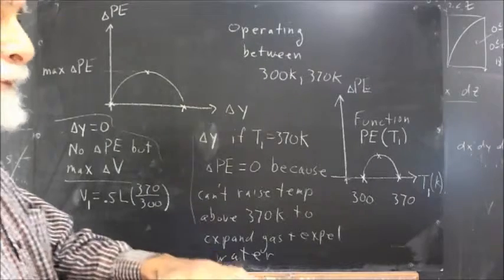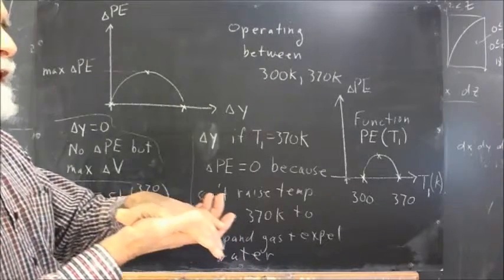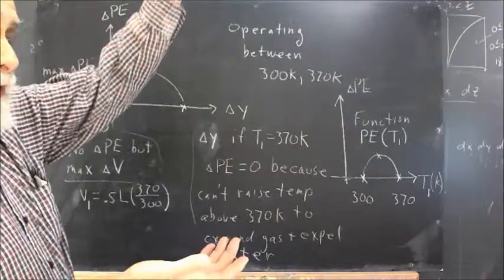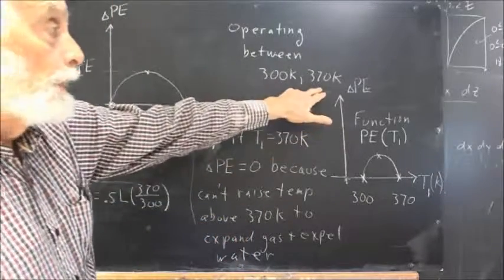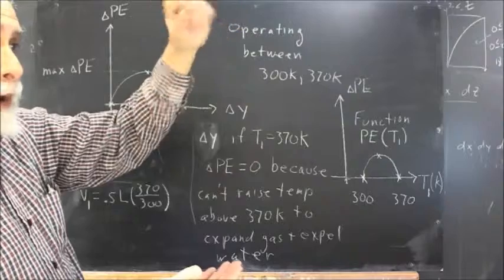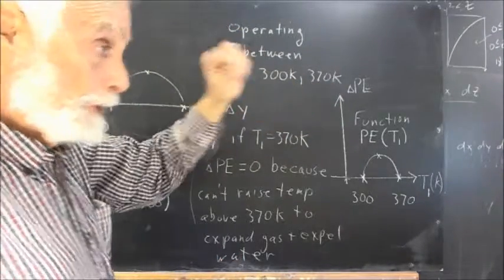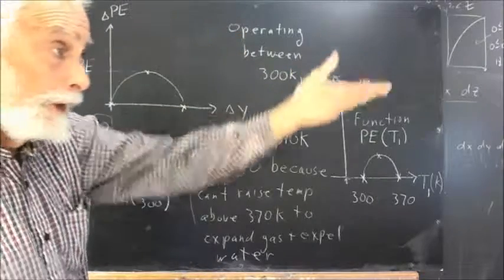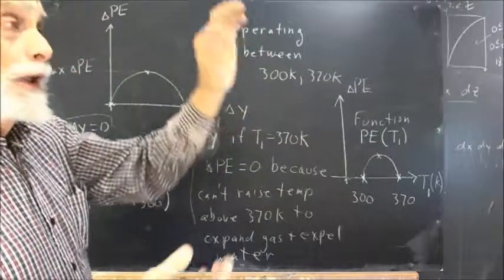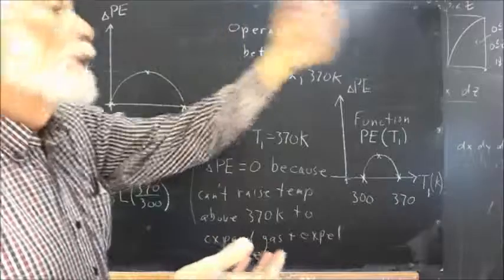Now, if we make the tube long enough, we can get up to 370 K at the same time the water gets to the top of the tube. And since we can't go past 370 K, we're not going to have any expansion. So the water will get to the top of the tube, but no water is going to come out.